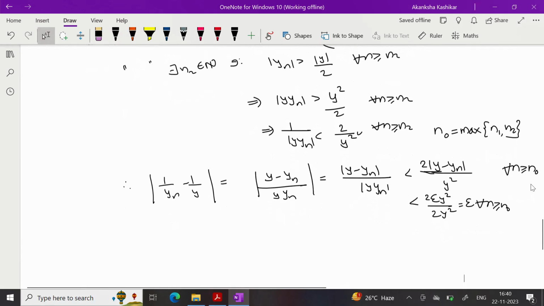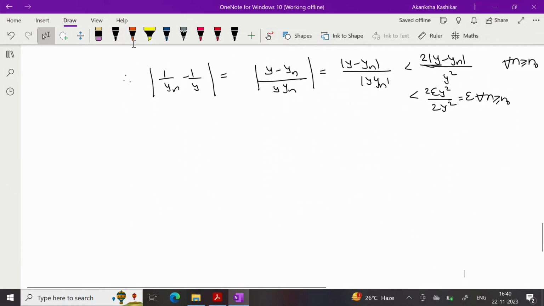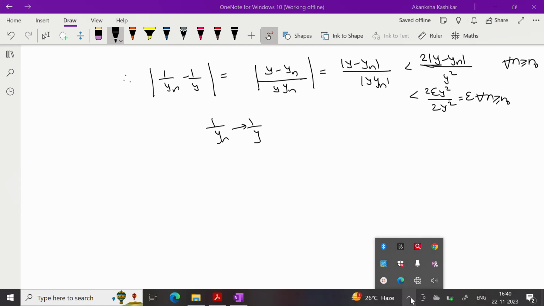Thus, we have proved that 1 by yn converges to 1 by y when yn is not equal to 0 and when y is not equal to 0. Okay. So we have now proved that 1 by yn goes to 1 by y.